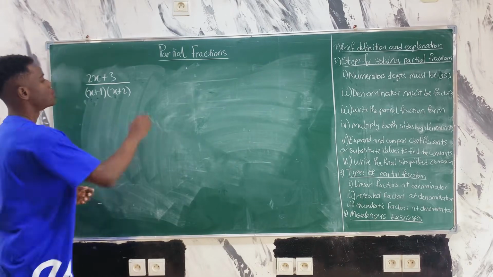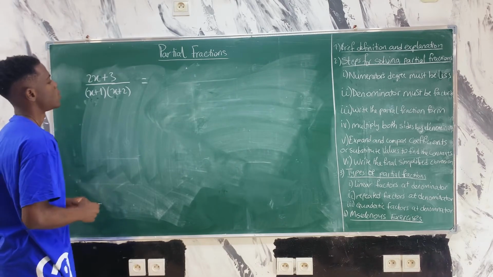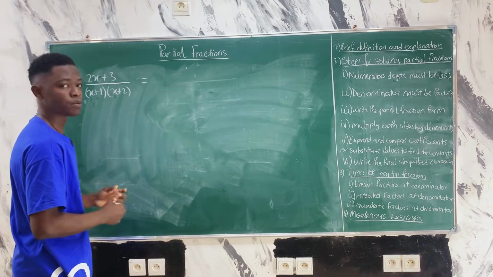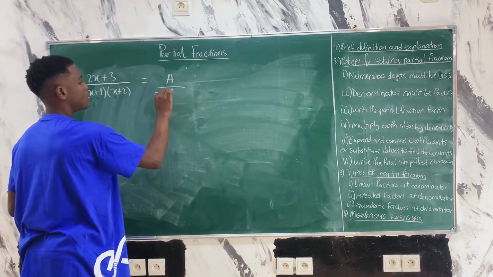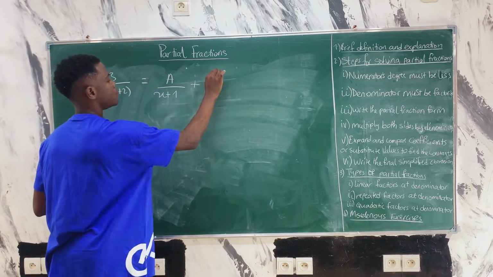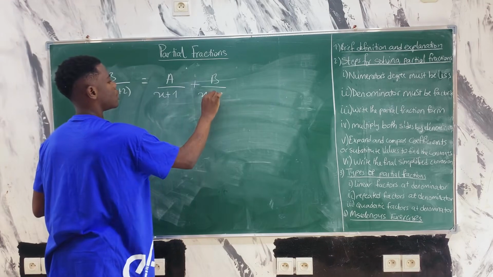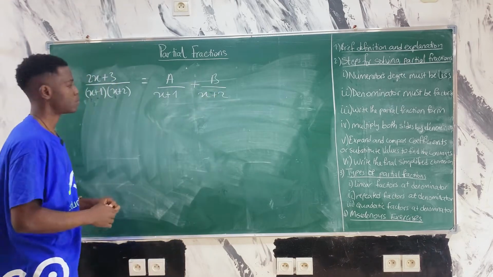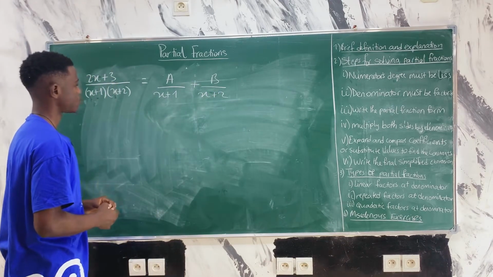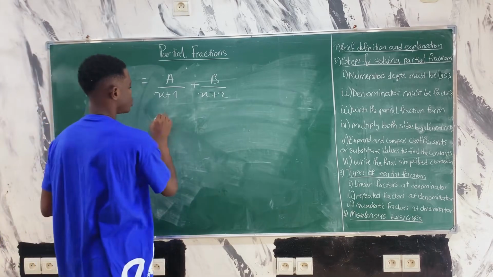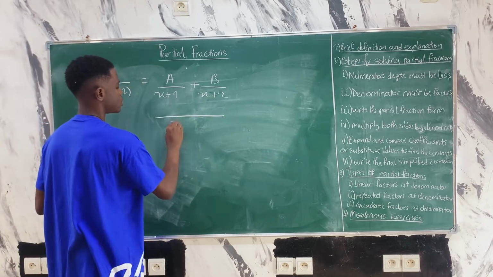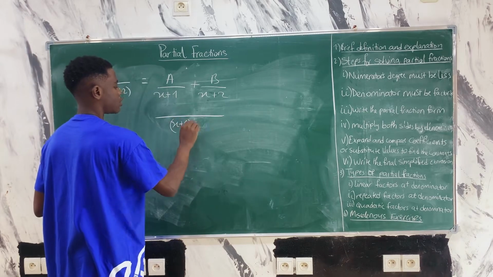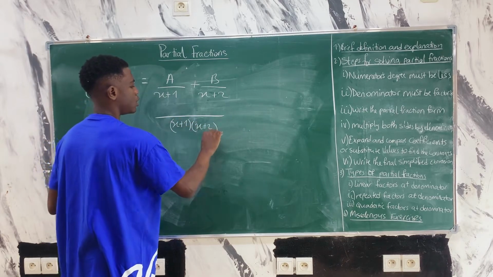As with the other one, we write this in the partial fraction form. This will just be a on x plus 1 plus b on x plus 2. So as we did before, we'll just find the LCM. It will be the product of the two denominators in this case. It is x plus 1 into x plus 2.